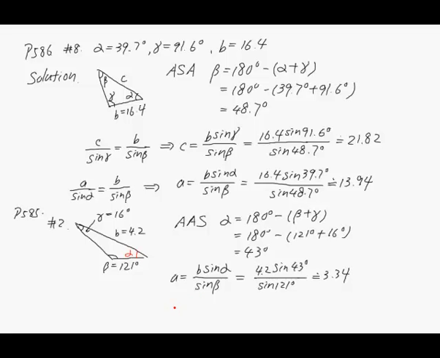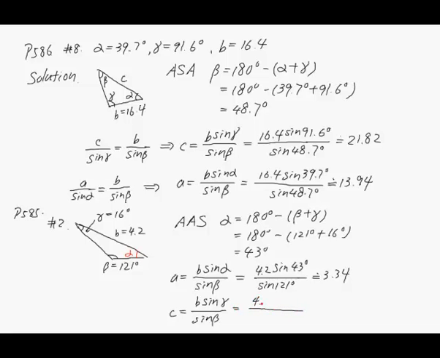And similarly, you can find the length of the side opposite angle gamma. So C is equal to B times sine gamma over sine beta.